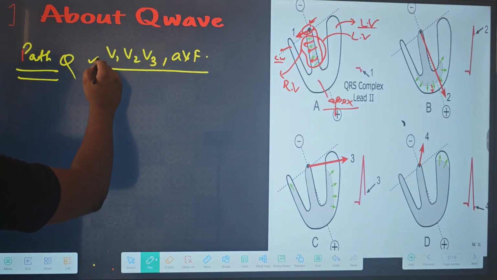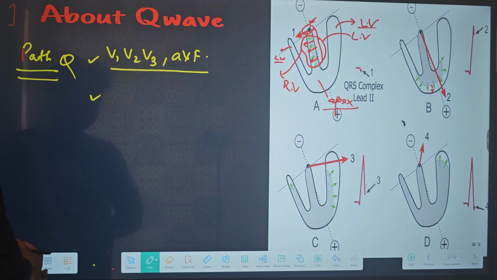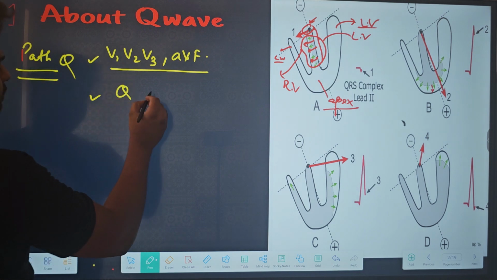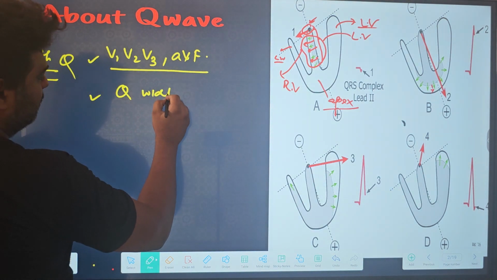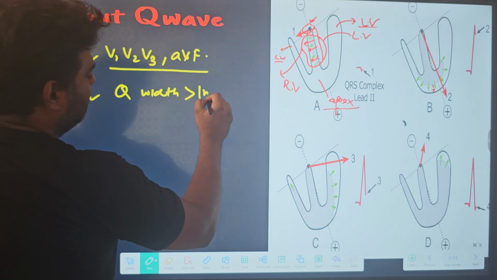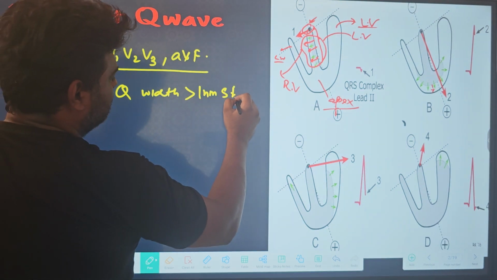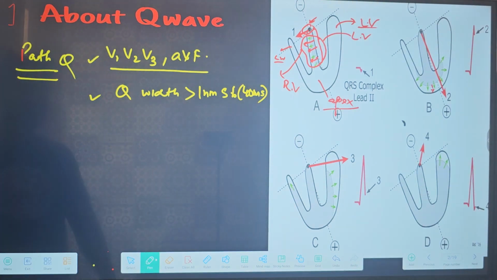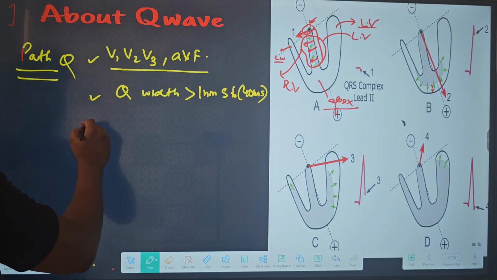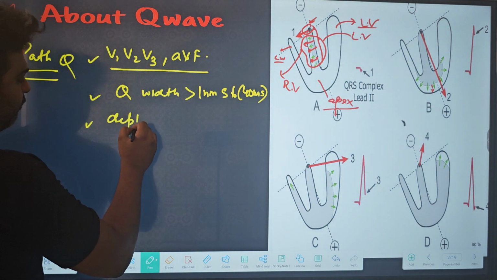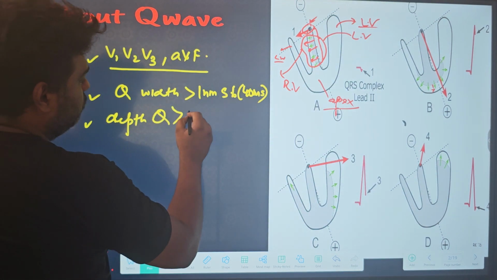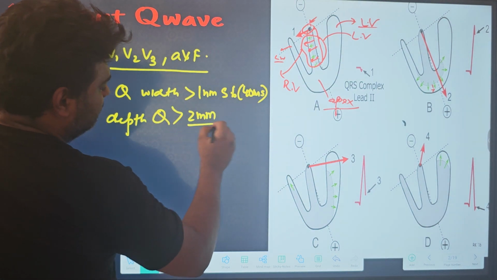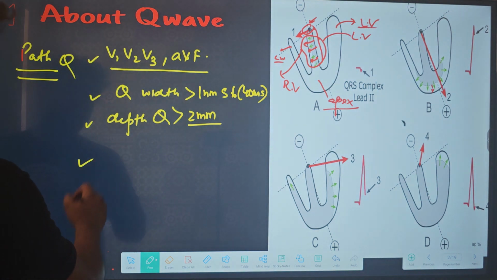Second point: if the Q wave width is more than 1 millimeter, a small box, that is around 40 milliseconds, or if the depth of the Q wave is more than 2 millimeters, then we will say it is a pathological Q wave.